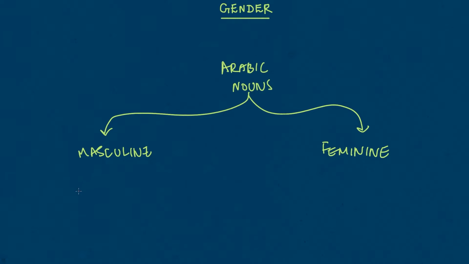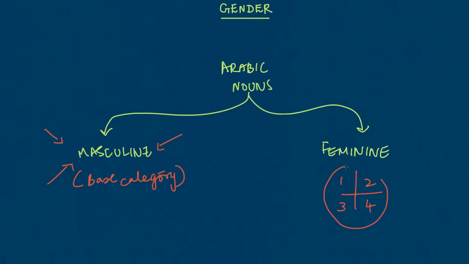The base category in Arabic is the masculine noun, meaning that the vast majority of nouns in Arabic are masculine. And nouns are considered masculine unless they fit into one of the categories of feminine nouns, which we are going to take a look at, inshallah.